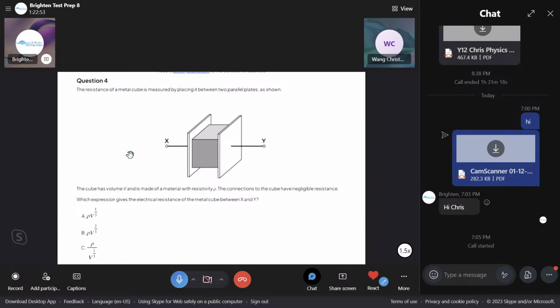We say the connections to the cube have a negligible resistance, so basically it's the same. So how can we express the electrical resistance of the metal cube between X and Y?